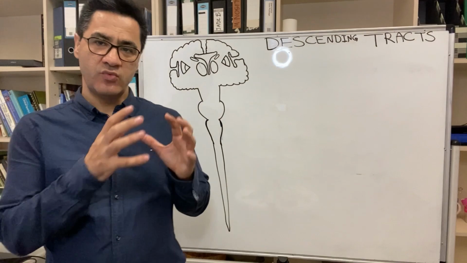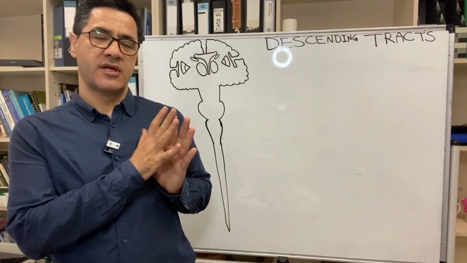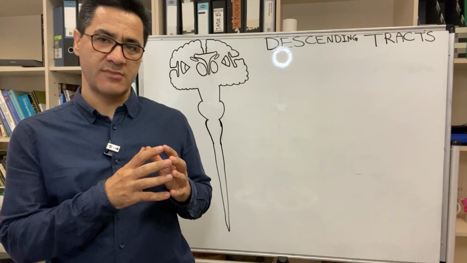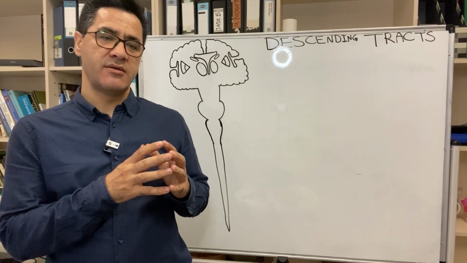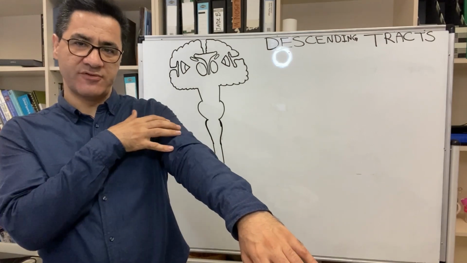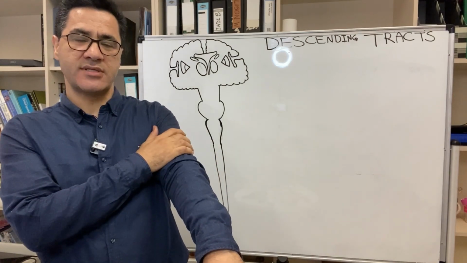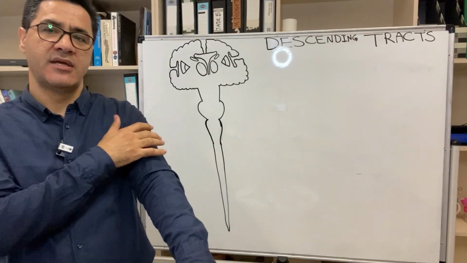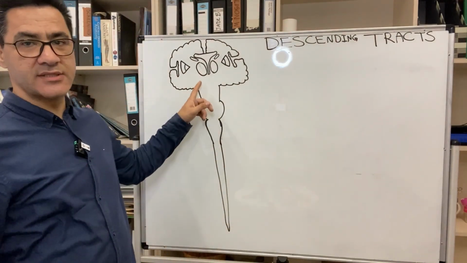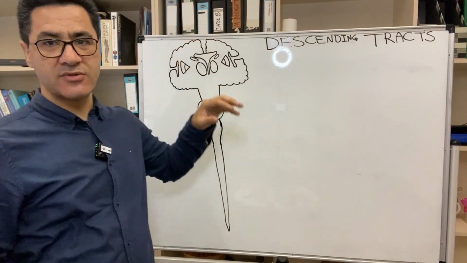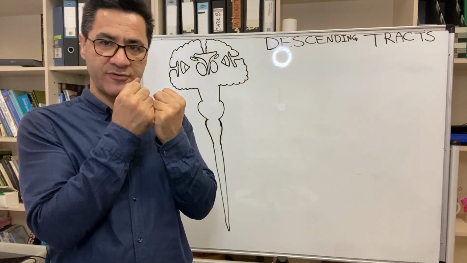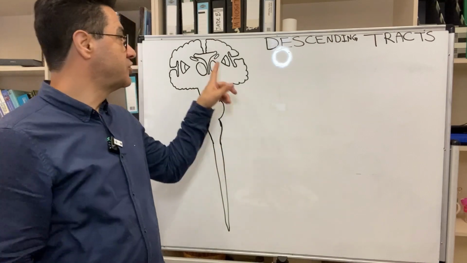If you watch my previous videos about the basic concepts of the white matter of the spinal cord, I mentioned that the ascending tracts carry sensory information from our skin, our muscles, our tendon muscles, through the spinal cord and then through the brainstem to get into the brain. So ascending tracts carry sensory information from the environment to the brain.